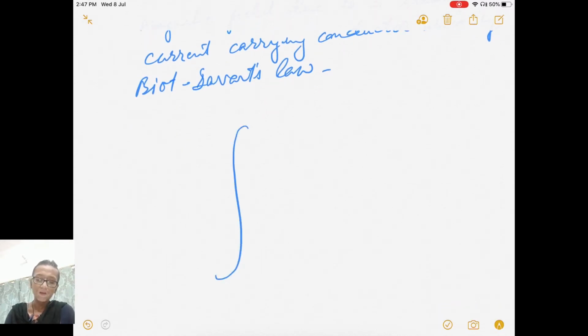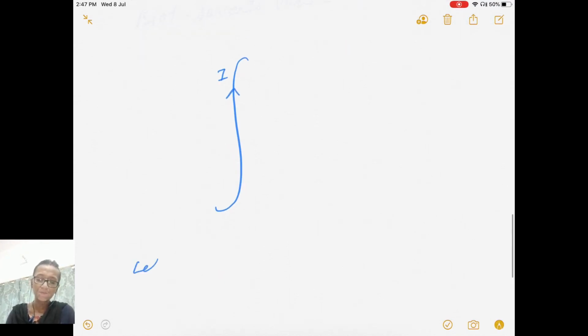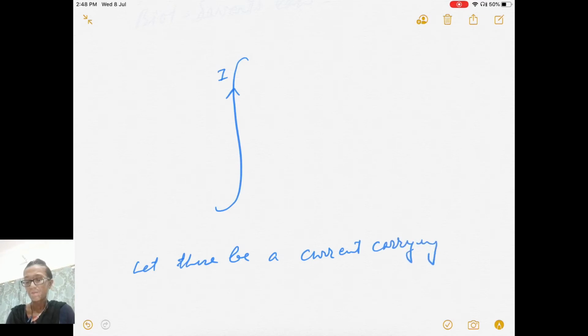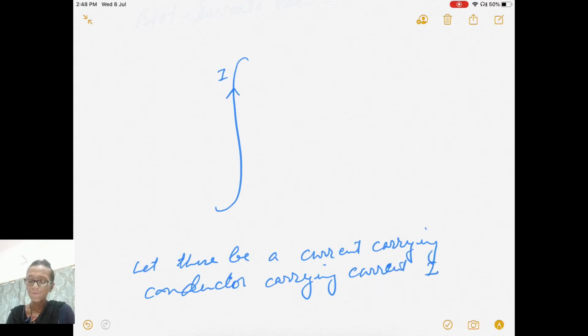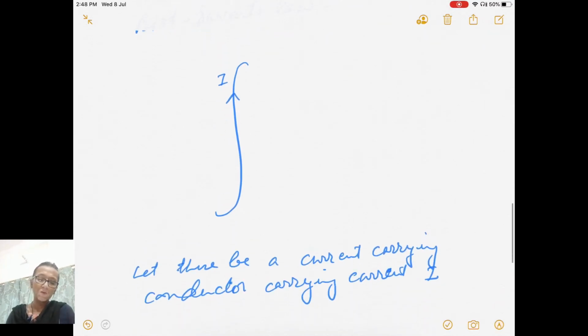So let there be a current carrying conductor carrying current I. We need to specify every symbol that I am going to use.